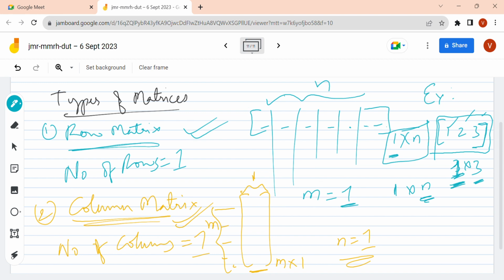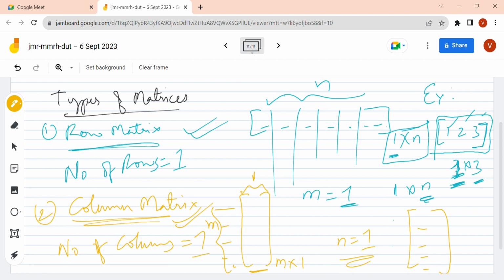In the same way, when can you say it is a column matrix in real time? Like when you go to a car parking area, all the cars are in the same column and parked one by one.